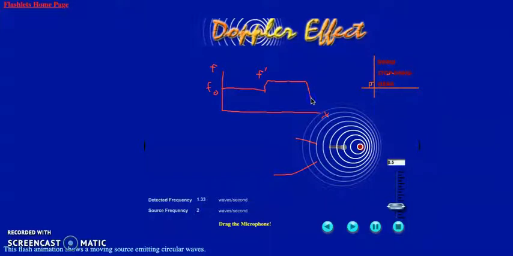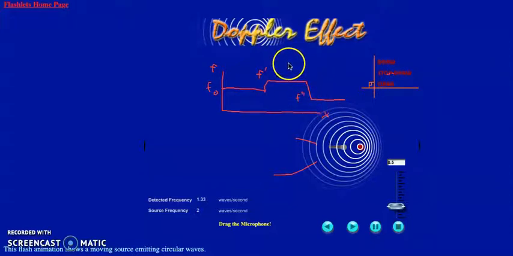Again, don't worry about the slope of that transition, where we would have a new one where I'll call that F double prime. Okay, so if the source is not moving relative to us, it's normal frequency. If it's moving toward us, a higher pitch. If it's moving away from us, a lower pitch.